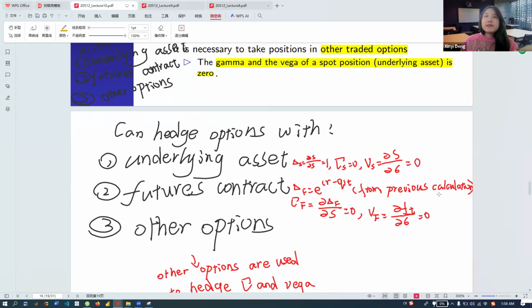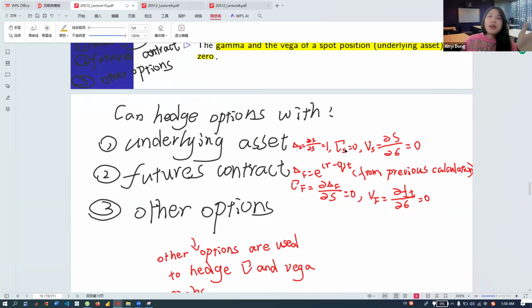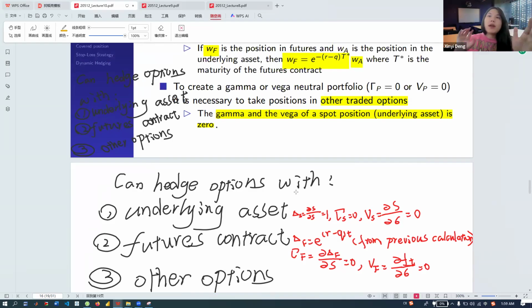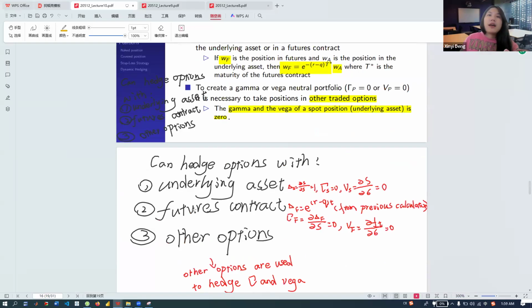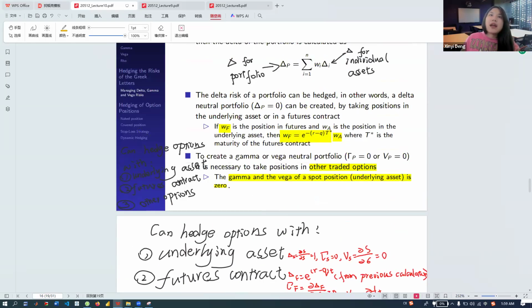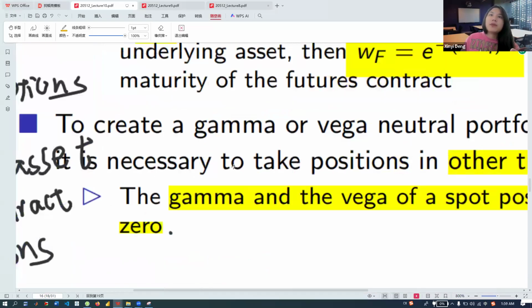If you look at the gamma and vegas for the underlying asset and futures contracts, they are all equal to 0, right? Therefore, it means that if we want to make the portfolio gamma neutral or vega neutral, we cannot only use the underlying asset or futures contracts, since they have 0 gamma and 0 vega. And that's actually the last bullet point here.